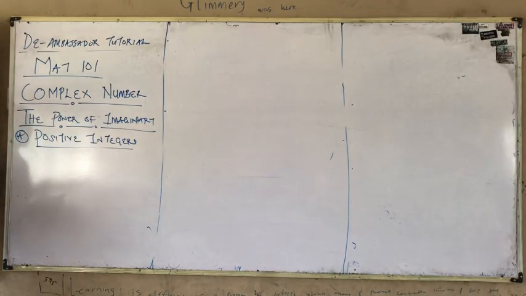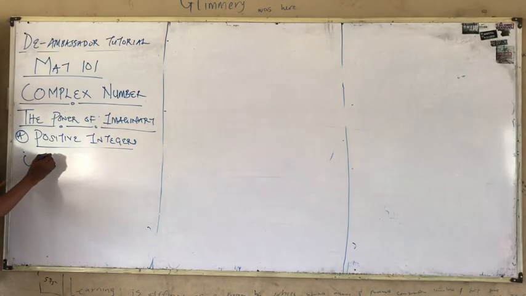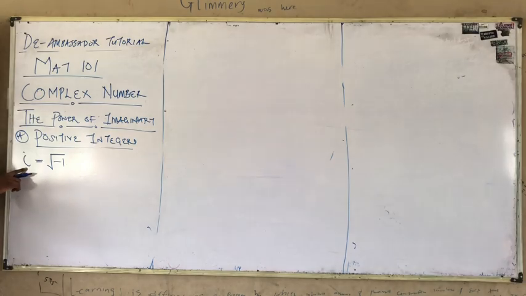Now, recall that I said that our i represents what? Square root of minus 1. So if my i is squared, pay attention. I have that my i is square root of what? Minus 1.